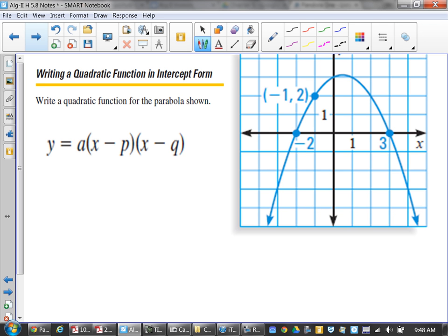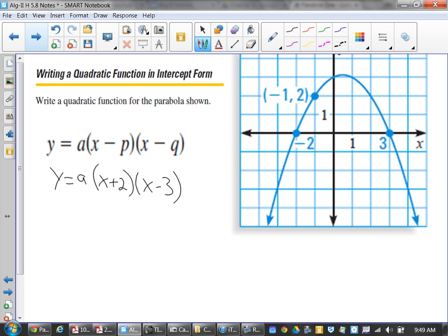If I have a 0 at -2, what's my term? X plus 2, that's what I was looking for. If my 0 is at 3, what's my term? X minus 3. Perfect. So in this case, I know that y equals a(x plus 2)(x minus 3). And what's the ordered pair they give me?